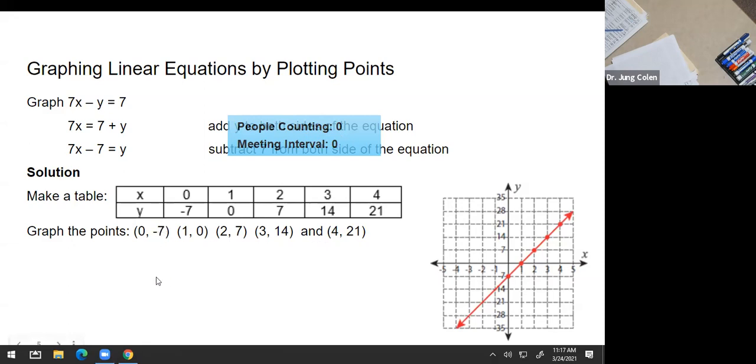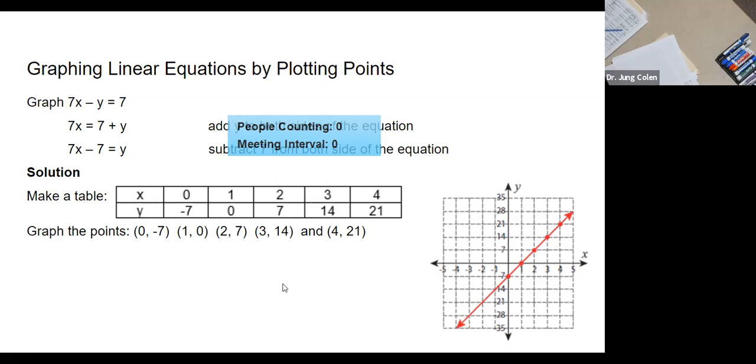Y-intercept is the y value when x is 0. X-intercept is the x value when y is 0. Okay. So one way to find the graph, you can just find the x-intercept and y-intercept. That's one way. Okay, we're going to talk about that later too.